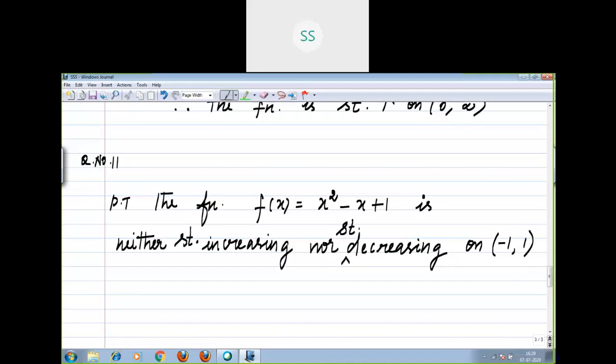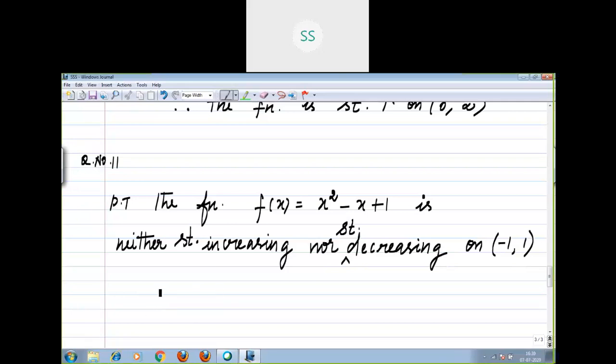Open interval minus 1 comma 1 means you can assign the values as minus 0.75, minus 0.5, minus 0.25, 0, 0.25, 0.5, 0.75. Those values only you can take, right?